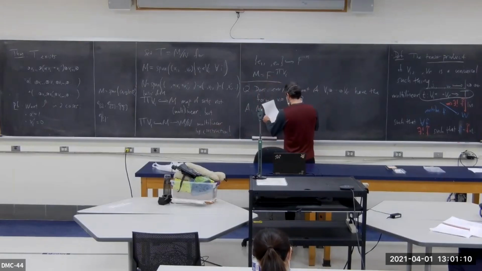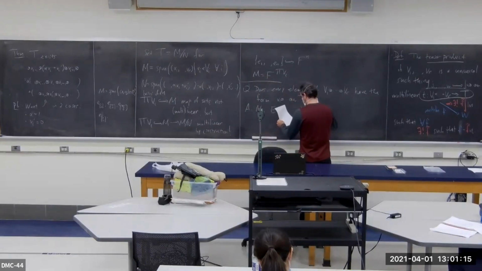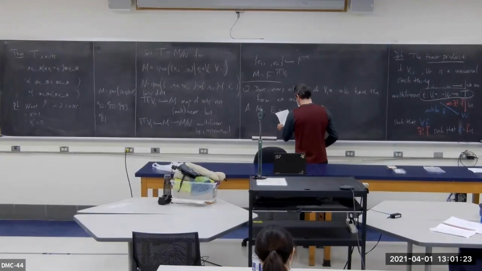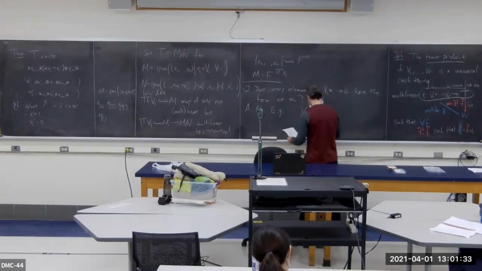How about if we take V to be F^n, and let's let W star, I'm going to call it W star, even though that will be a little bit confusing at the beginning, be F^m.